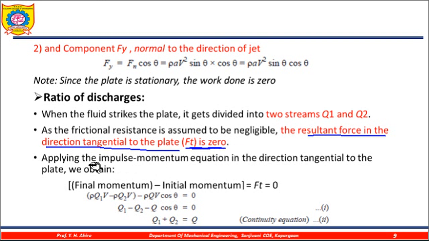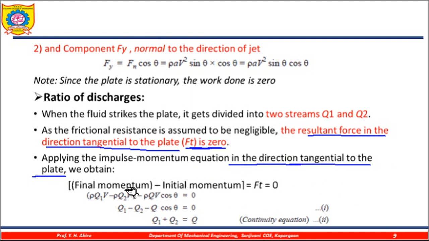So therefore we apply the impulse momentum equation in the direction tangential to the plate. Please note very well, the impulse momentum equation is applied in a tangential direction to the plate.